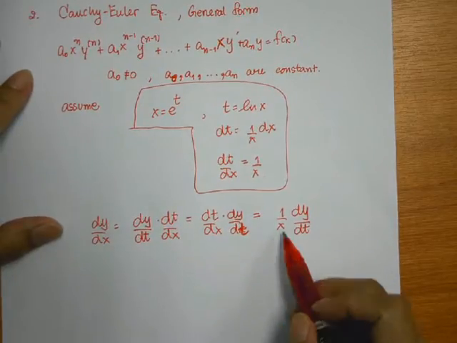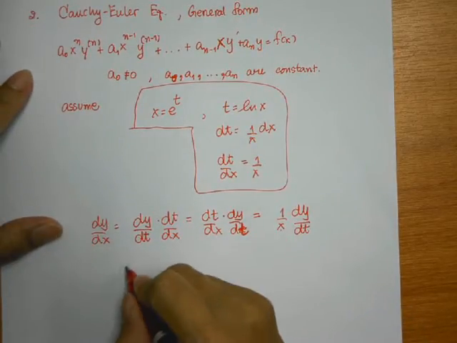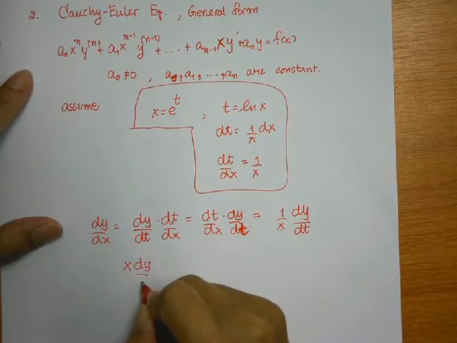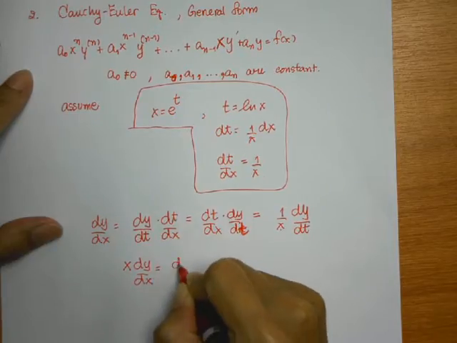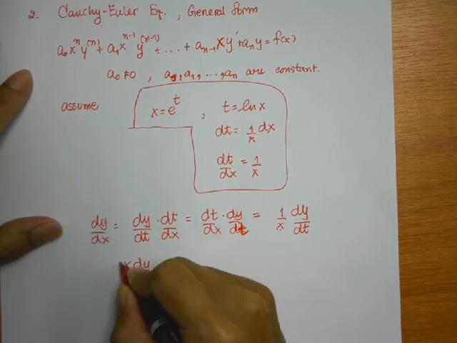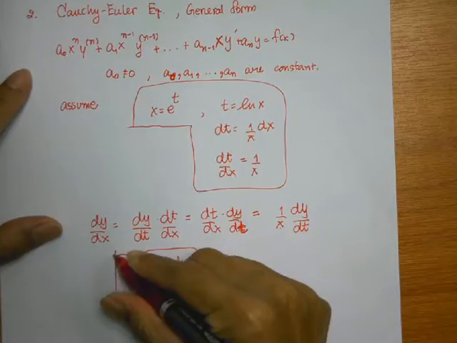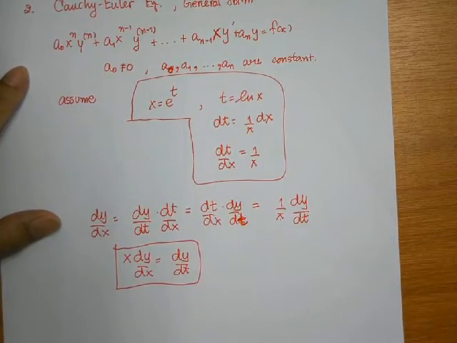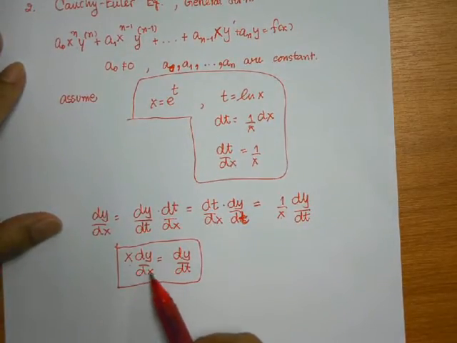Okay, so I just put x up there. I would get x dy by dx is equal to dy by dt. You see, x dy by dx is equal to dy by dt.